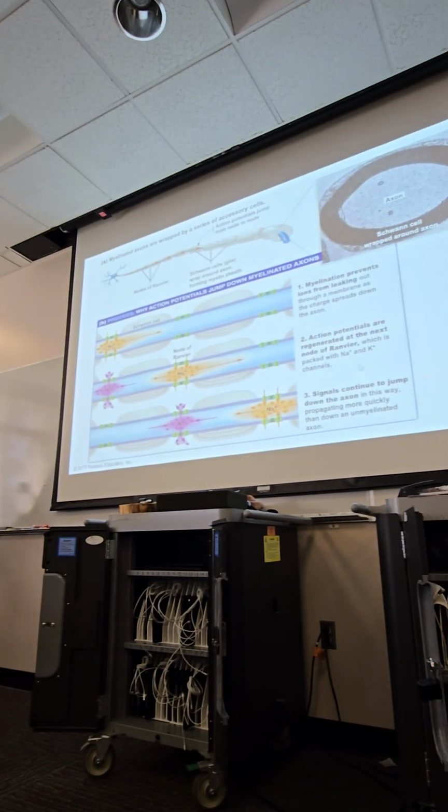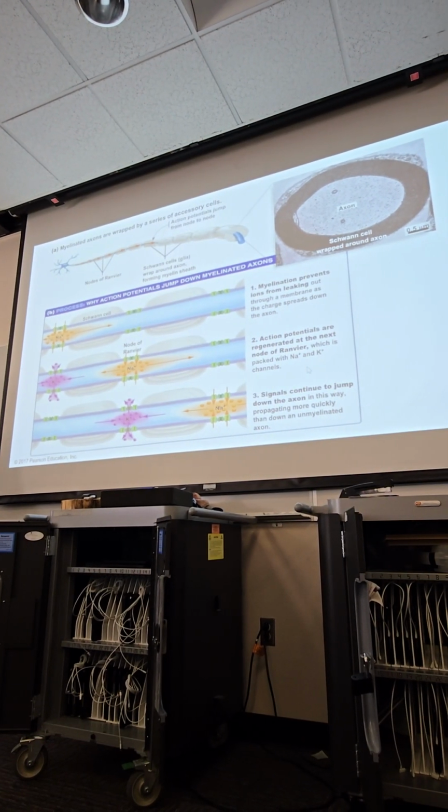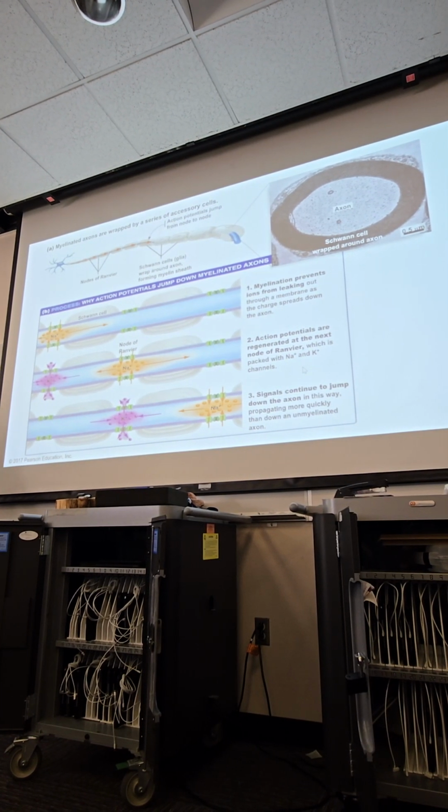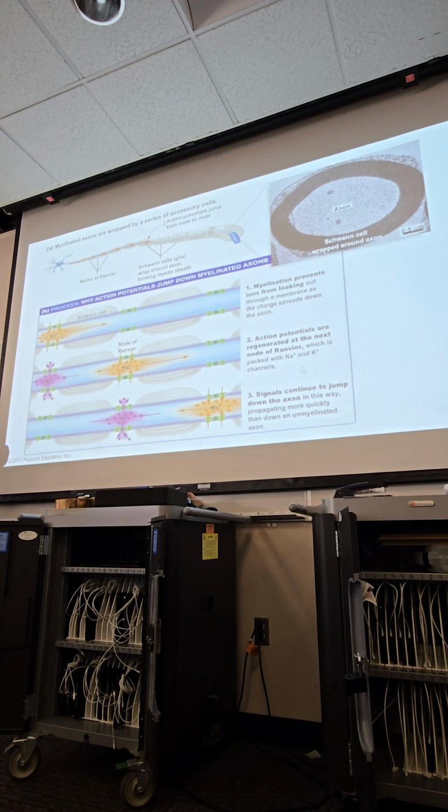The longer ones. The ones further away. So you're going to lose the ability to feel your feet first. Then you're going to lose the ability to walk. Then you're going to lose the ability to move your arms. While your brain is still fully functioning because your brain does not have any myelination.